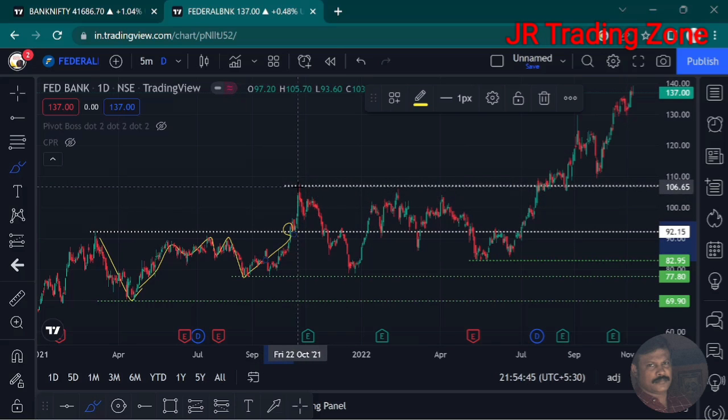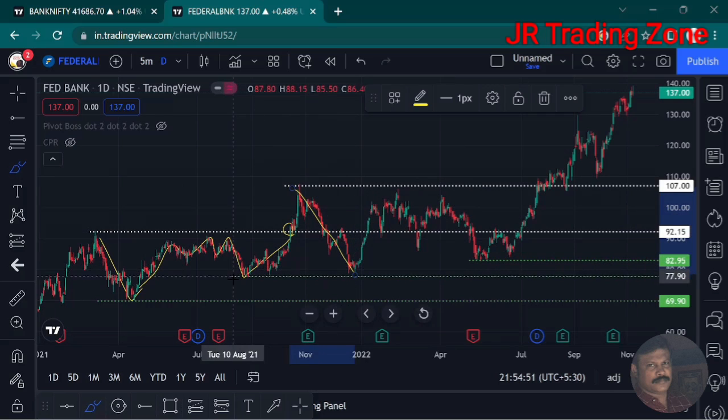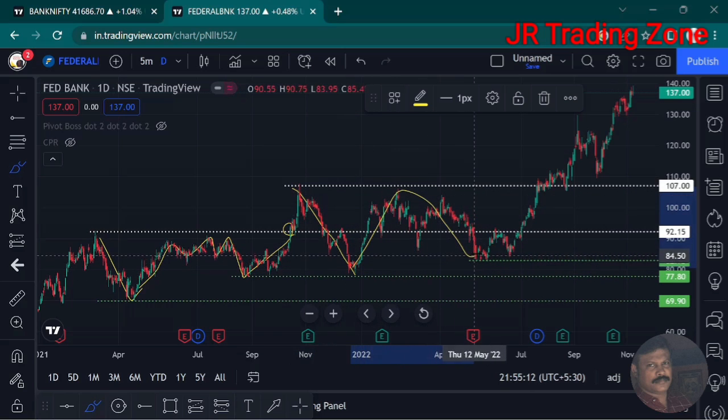Suddenly it is turning from this point and taking resistance exactly at this point. At the new support, it is taking support again, going, facing resistance right at the point. You see, right at the point it's facing resistance again, moving back, again coming up.